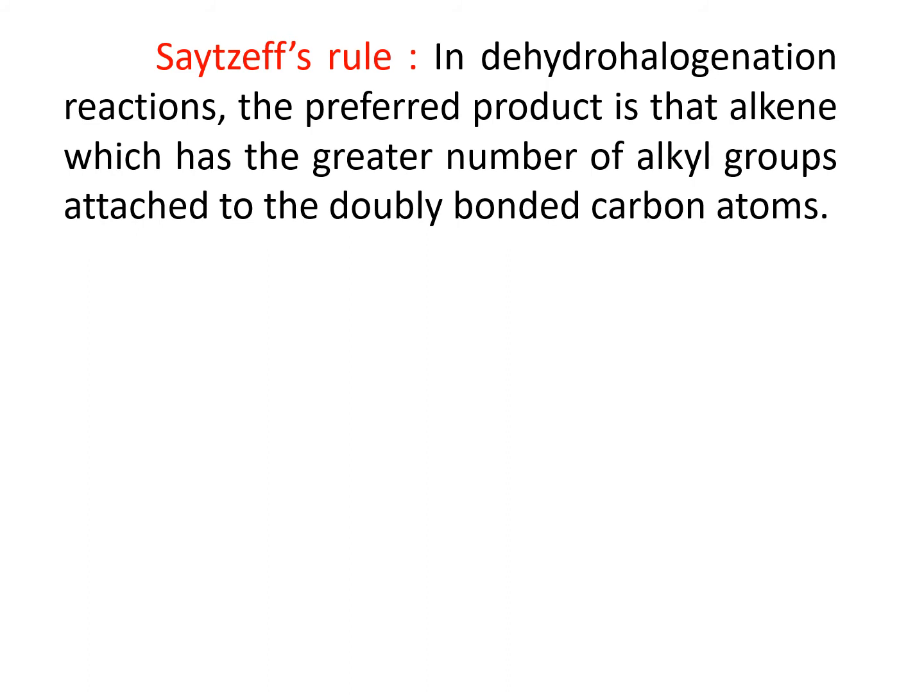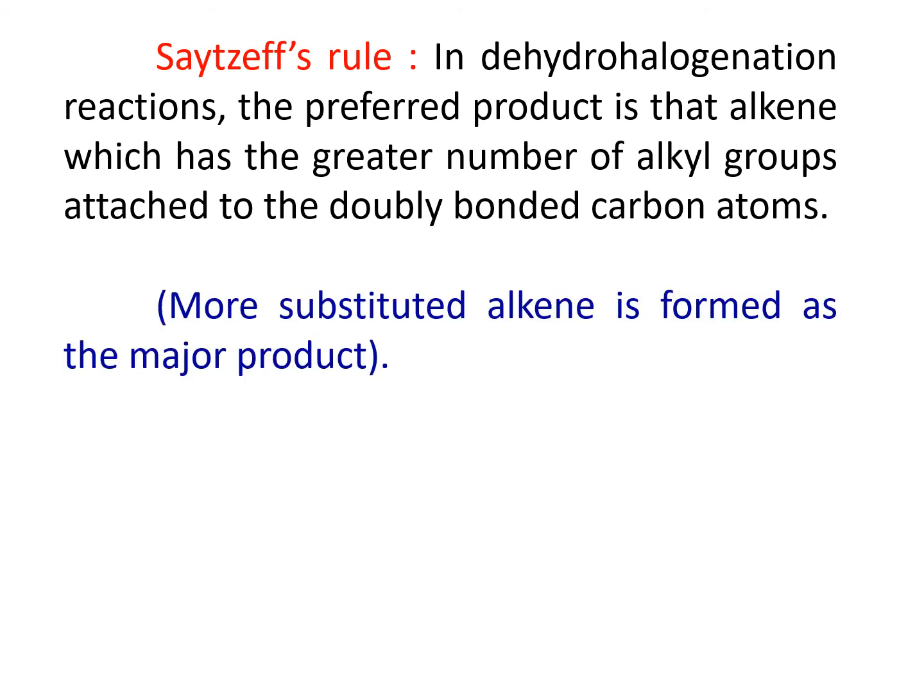In dehydrohalogenation reactions, the preferred product is that alkene which has the greater number of alkyl groups attached to the doubly bonded carbon atoms. In other words, Saytzeff rule can be stated as: the more substituted alkene is formed as the major product.